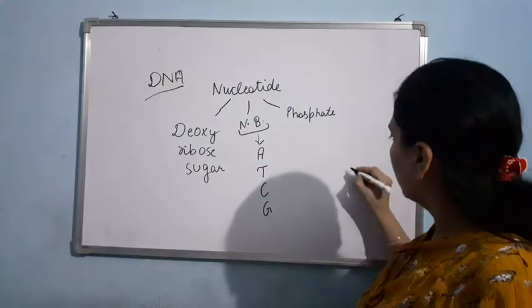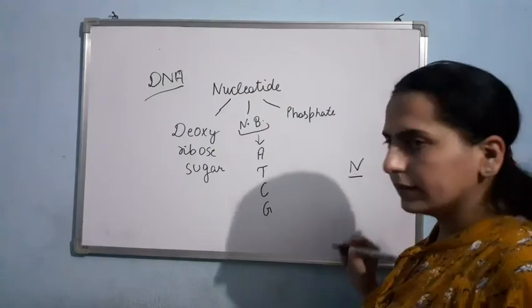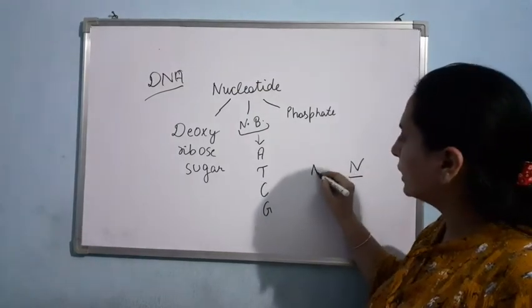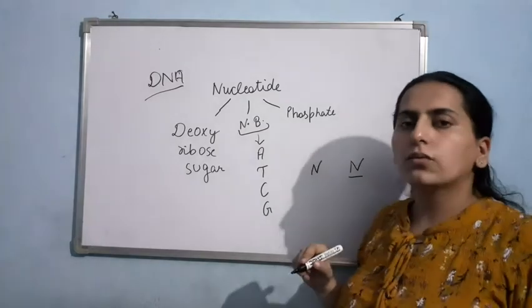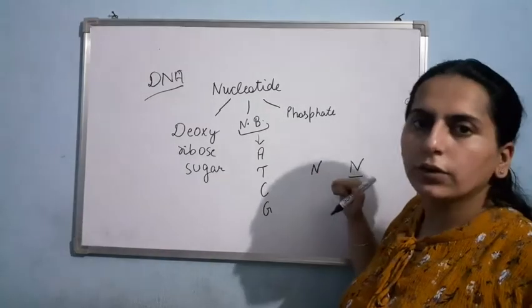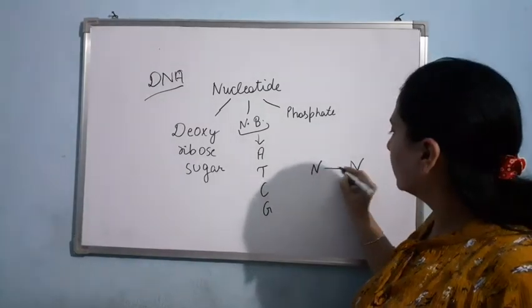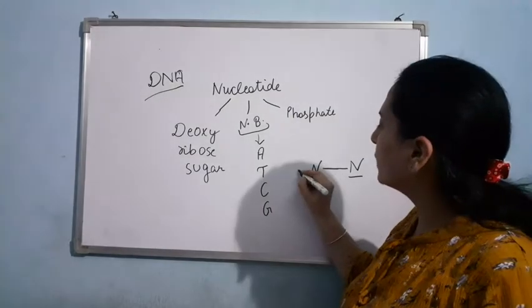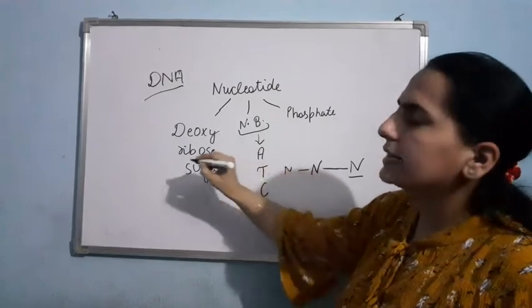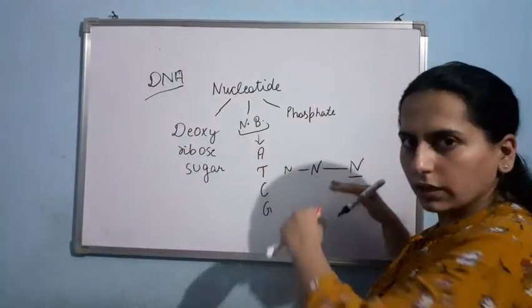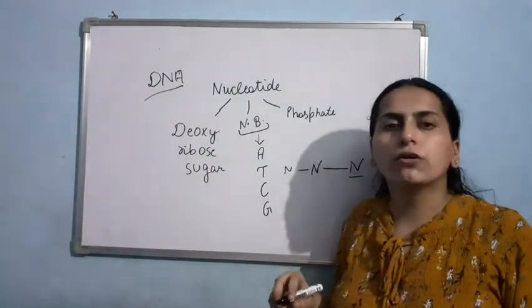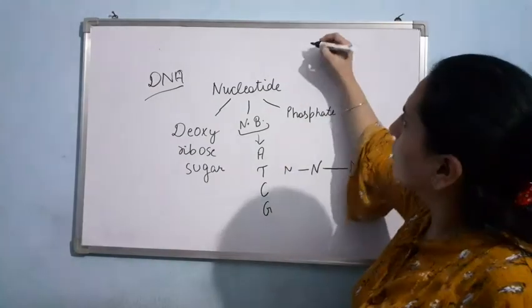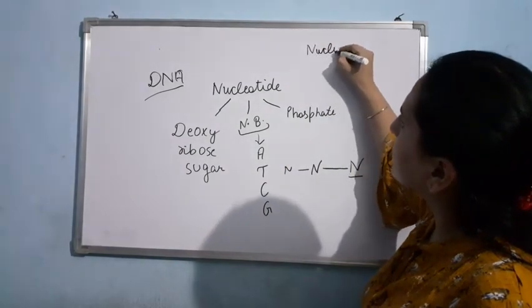Suppose here I got one nucleotide and here I got a second nucleotide. So what will happen? These nucleotides will now bond, and in a similar way, the nucleotides will keep on making bonds, and it results in the formation of a chain. Am I clear? Suppose one nucleotide is there.